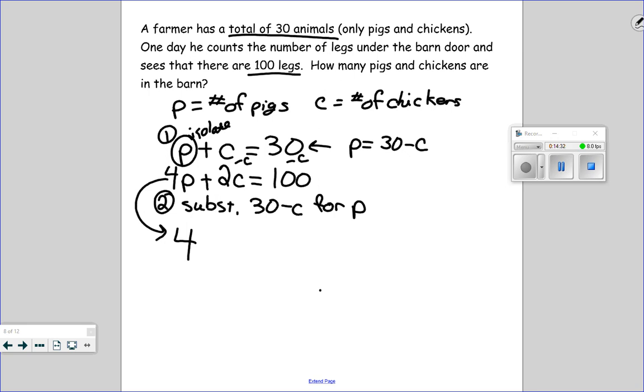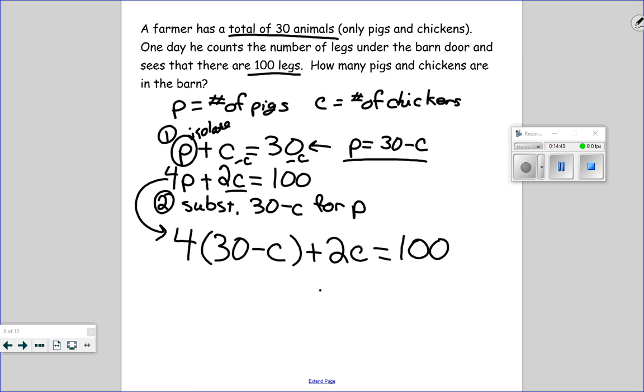The 4 is being multiplied by the value of P. But instead of writing a P, I'm going to write the value of P as 30 minus C, since they're equal. And then I rewrite everything else in that equation. Plus 2C still gets repeated, and it equals 100. And what that does is gives us an equation that only has one variable, C in this case, so that I can solve for one variable.